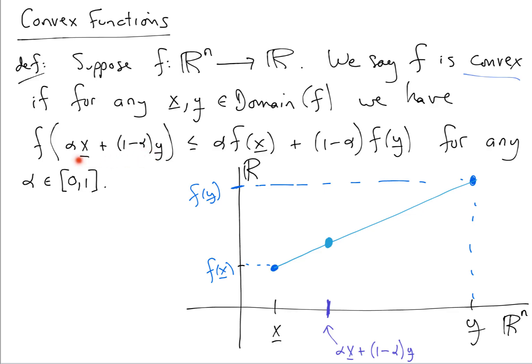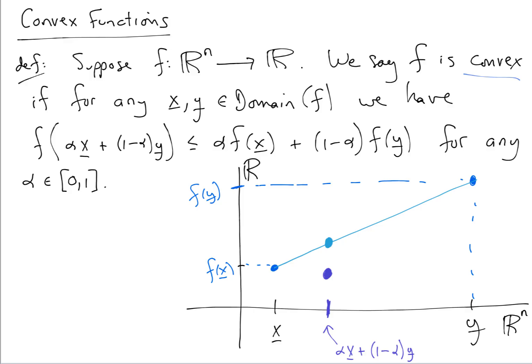When we plug this into f, we have to get a value that is below that weighted average of f of x and f of y. So the value alpha x plus 1 minus alpha y plugged into f gives us a point that is lower than the blue point. And that is the key to convexity.